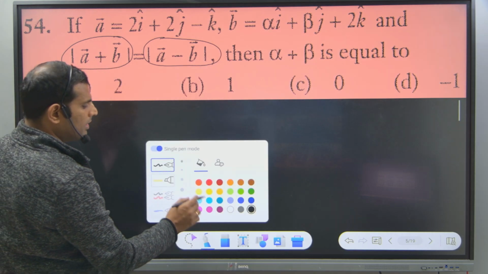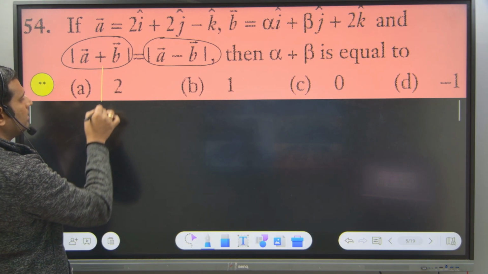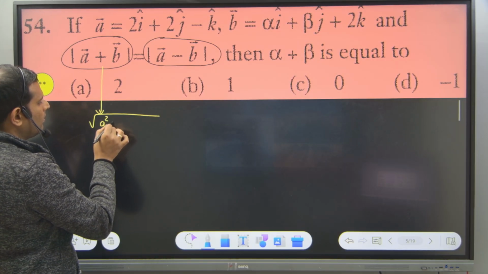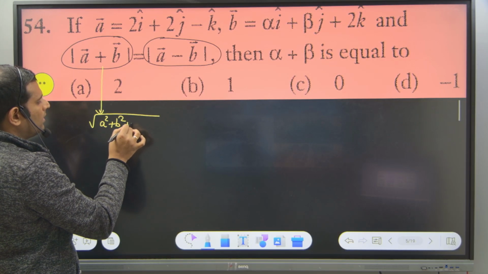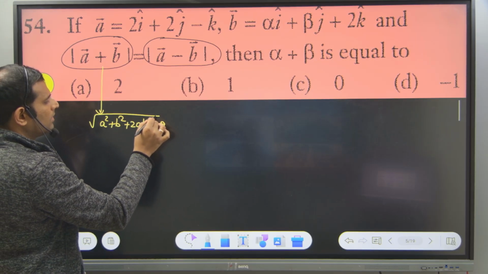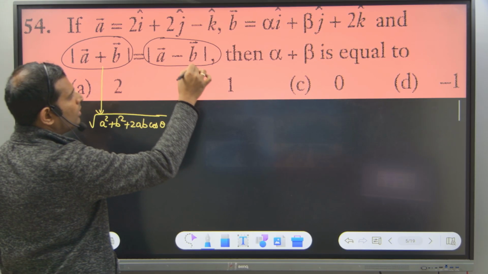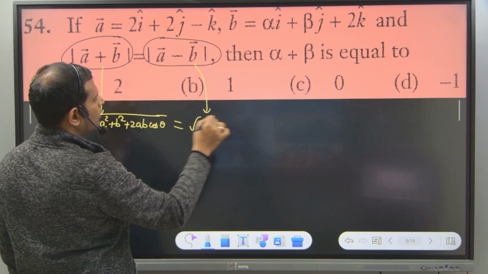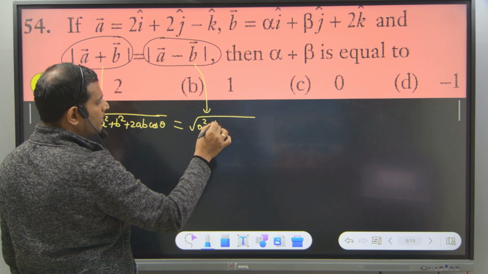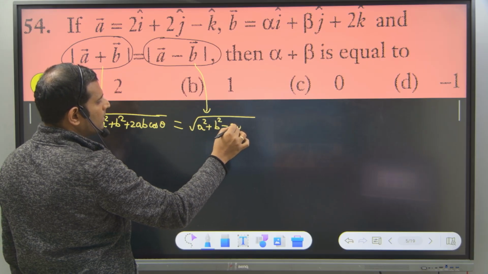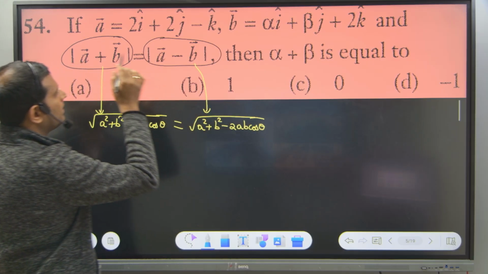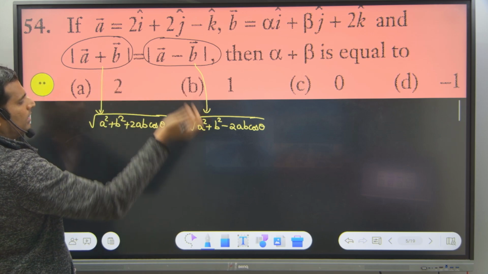Root of a square plus b square plus 2ab cos theta. And what is mod a minus b? Root of a square plus b square minus 2ab cos theta.